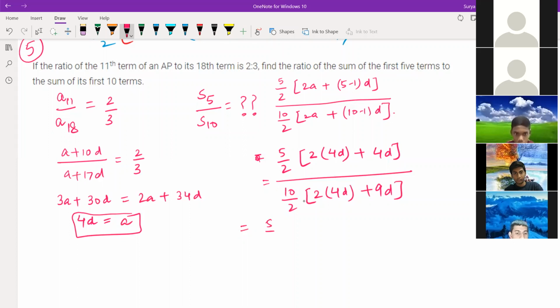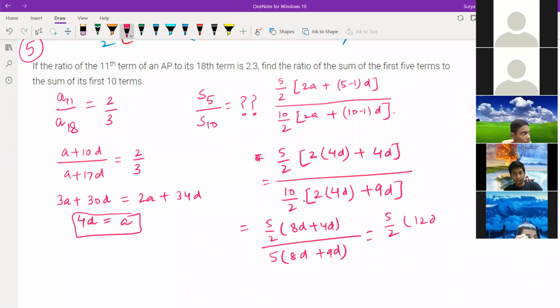So 5/2 into 8D plus 4D whole divided by 5 into 8D plus 9D is equal to 5/2 into 8 plus 4, 12D, whole divided by 5 into 17D.